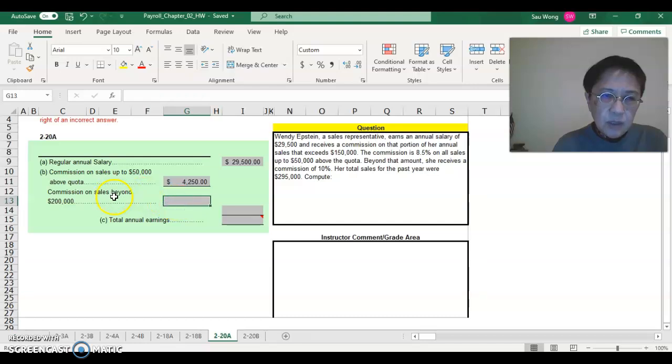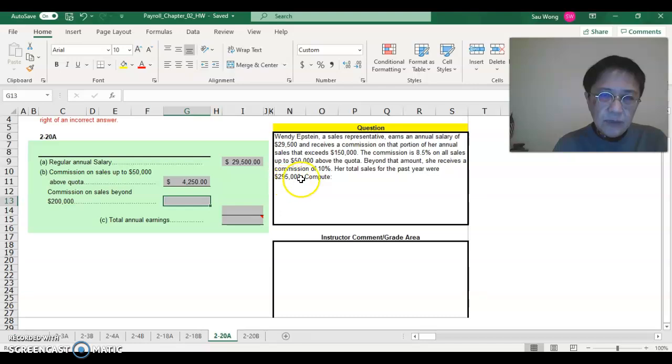And then her commission on sales beyond 200,000: she will make 10% on that. Her total sales for the past year were 295,000. So for the total sales of 295,000, we need to see how much she made above 200,000.